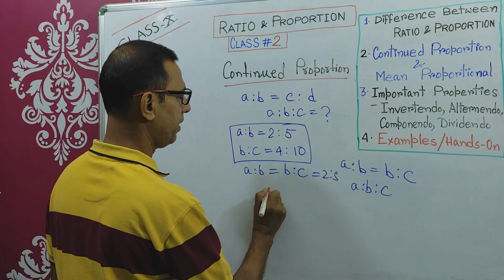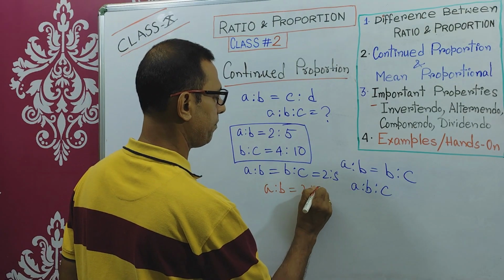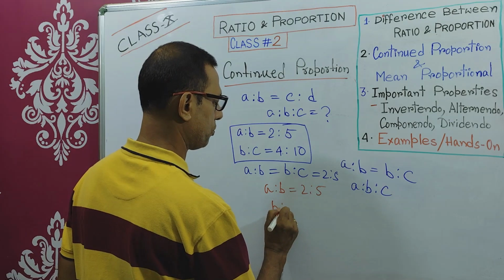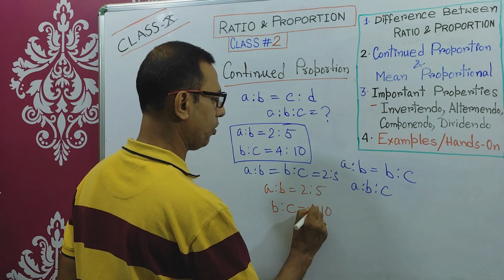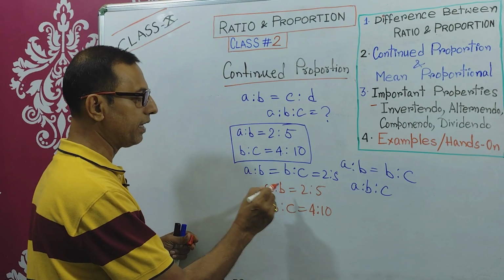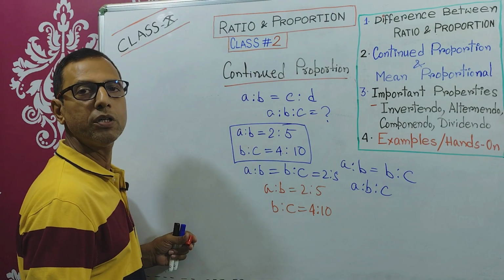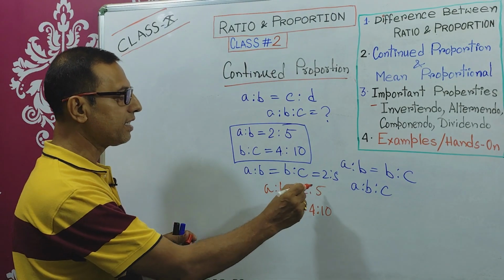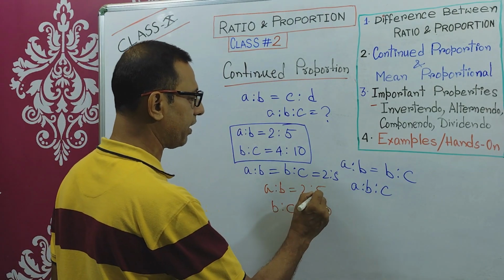Here you have A is to B equals 2:5, B is to C equals 4:10. What I told you earlier, if B value is not the same but the element is common, to make it equal, what you need to do? You need to take the LCM of the B common element value. So what is the B element value here?